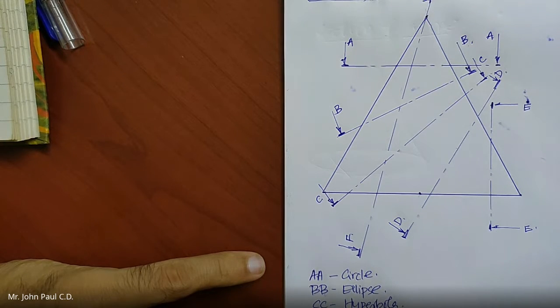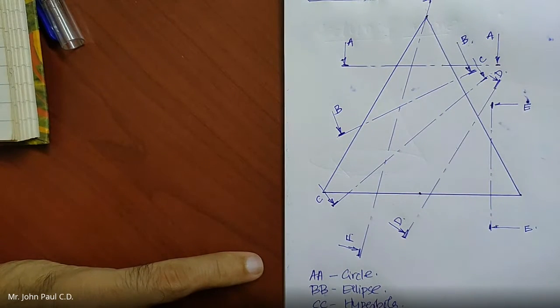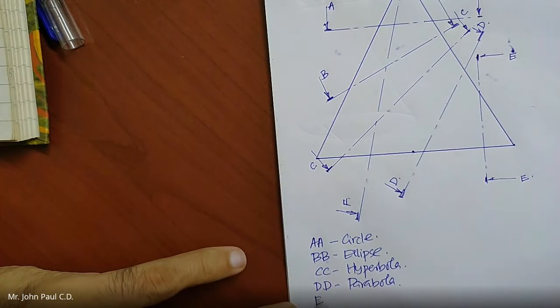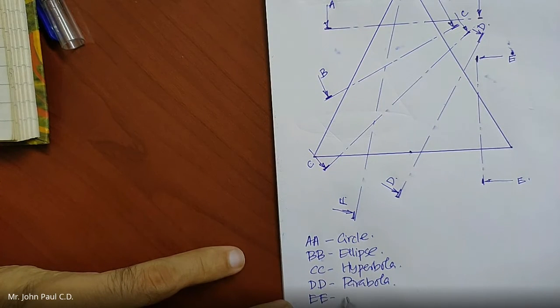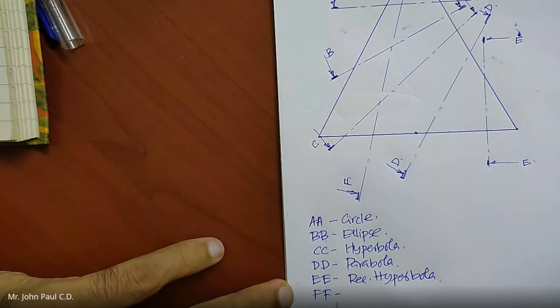And DD, that is cutting parallel to the generator, will be a parabola. And EE will be a rectangular hyperbola. And FF, can you say? Triangle. Yes, it will be an isosceles triangle.